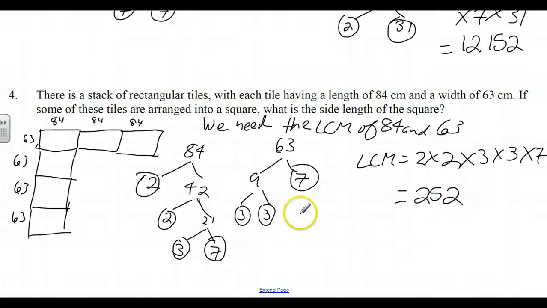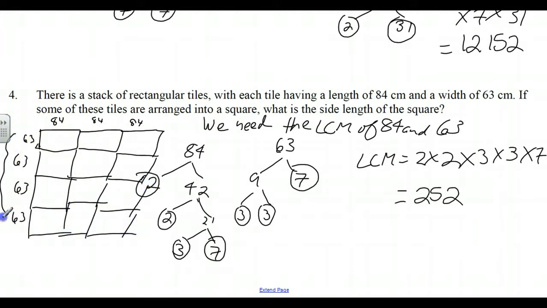Now, if you want to know how big this is, well, there are 3 84s in 252, and there are actually 4 of these, so this would make your square, right, if we filled this all in. Because this side length here, these 4 guys, is 252, and these 3 guys here, crossing them out, is also 252, right?